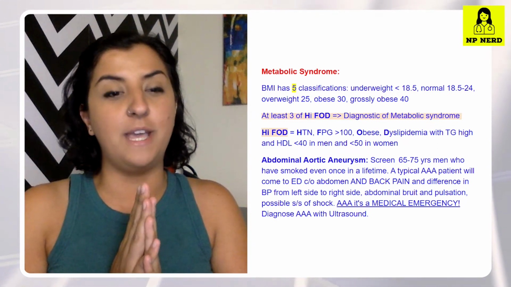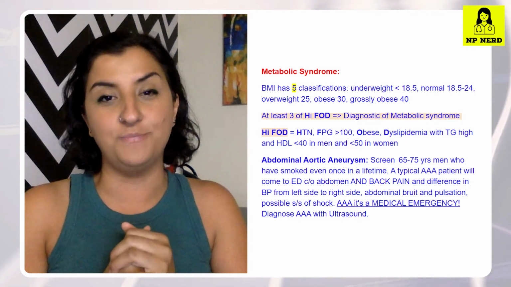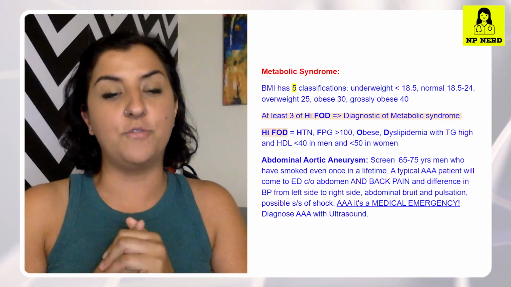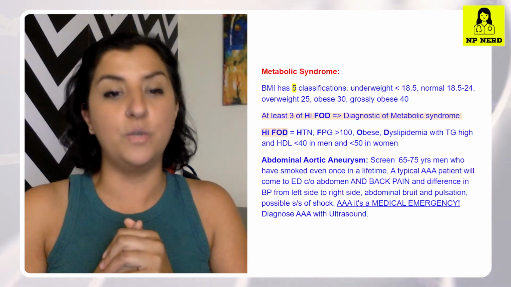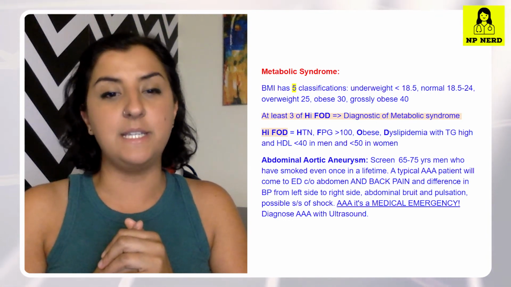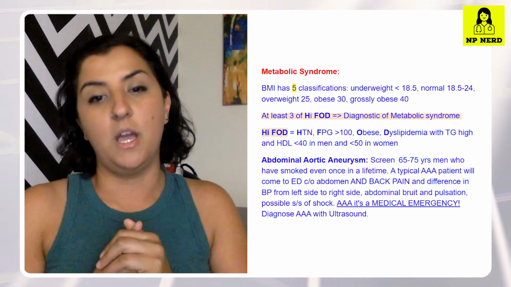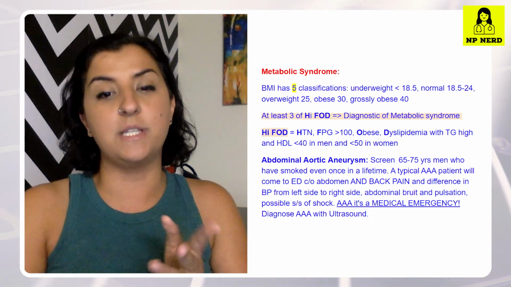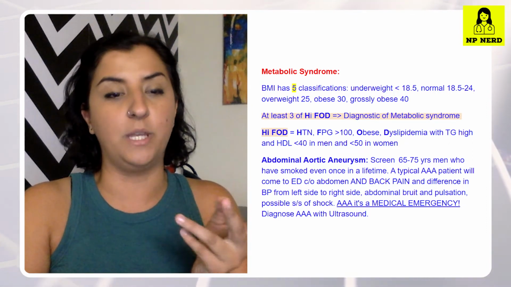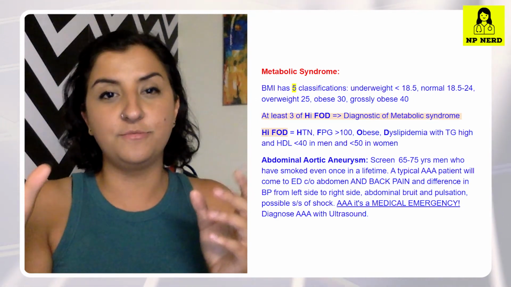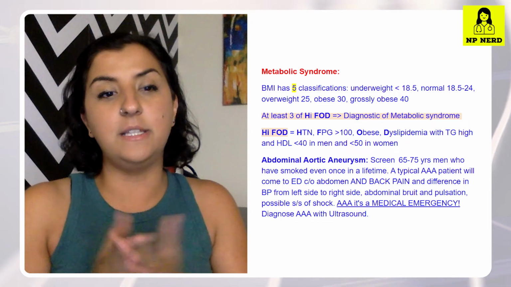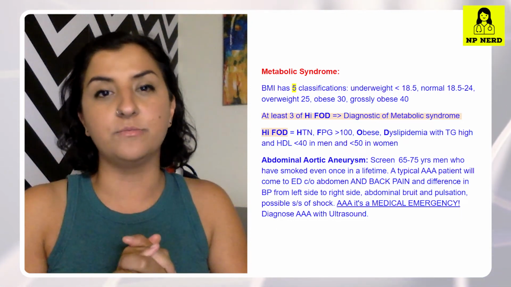So high FOD: H stands for hypertension, F stands for fasting blood glucose, O stands for obesity, and D stands for dyslipidemia, with TG high and HDL less than 40 in men and less than 50 in women. So high FOD, the I doesn't mean anything.